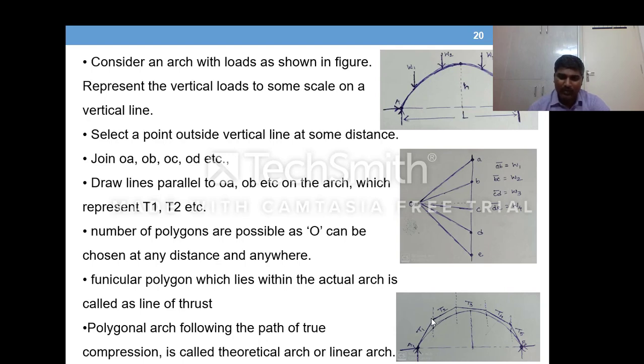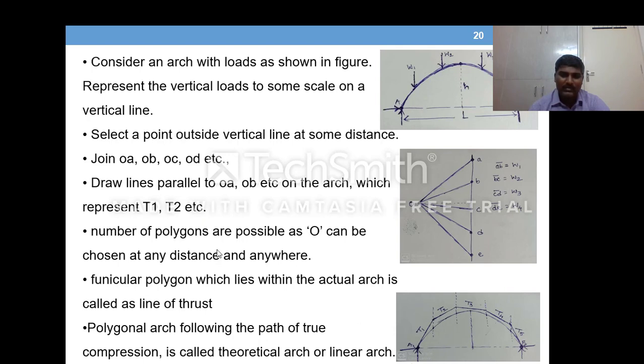So this point is an intersection point, and from here till this point, this is the compressive force in this portion. Similarly, the compression in this portion, then compressive force, and then compressive force. So this is how we get the compressive forces in the arch.